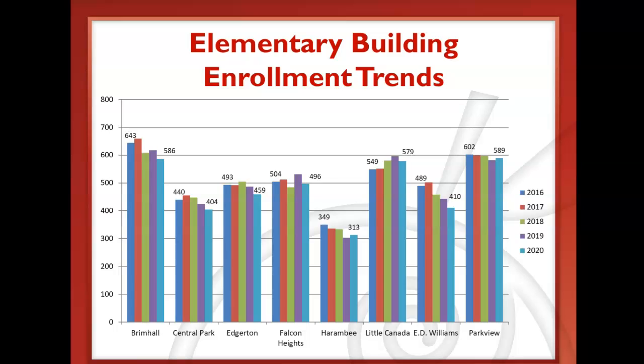And you can see all of our schools were down this year with the exception of Harambee and Parkview. Those were up a little bit from the previous year after declines over the past few years. One of the causes for Harambee's increase, I believe, is that they've been added as a turnaround arts school and some great leadership under Principal DeLon Smith.